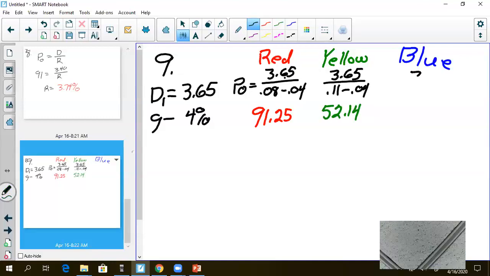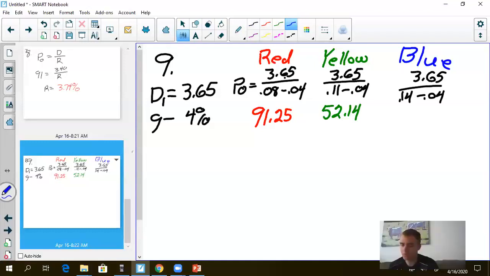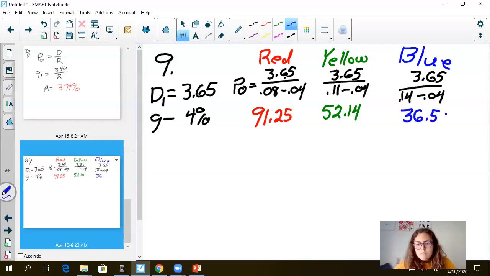And then we go to blue with a 14% return. And what's the price of the blue stock? Now that's the yellow one, Dave. The next one. 36.50. Yes. Very good. Did everybody get those numbers?